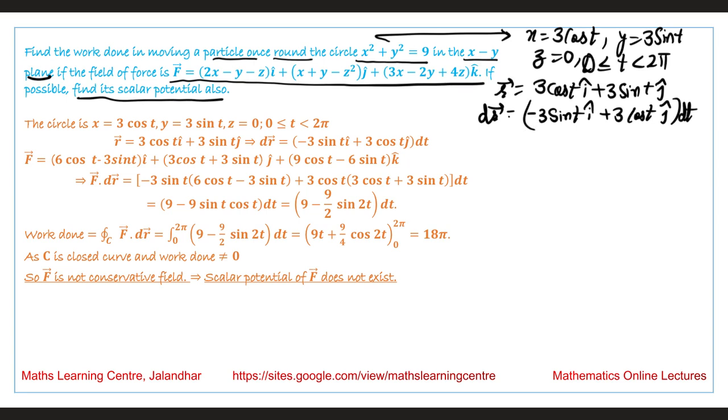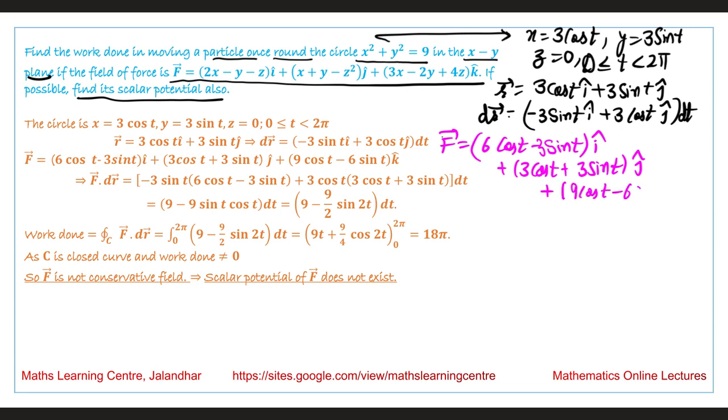This is the value of dr, and when we make this substitution, the value of the F vector is (6 cos t − 3 sin t) i plus (3 cos t + 3 sin t) j plus (9 cos t − 6 sin t) k.